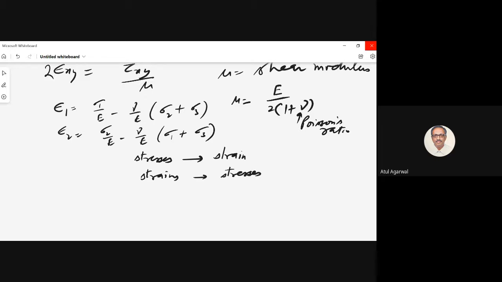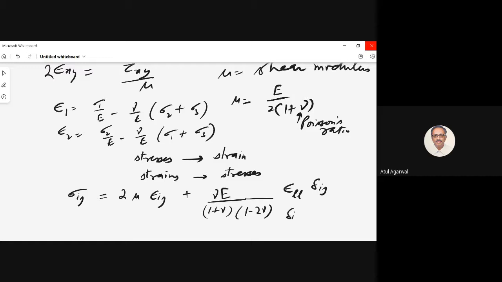So there is an expression: sigma ij is equal to 2 mu epsilon ij plus nu E by (1 plus nu)(1 minus 2 nu) times epsilon ll delta ij.